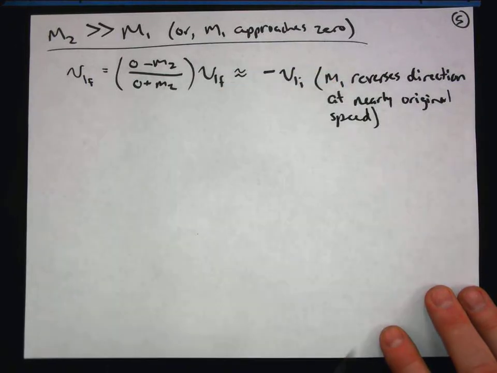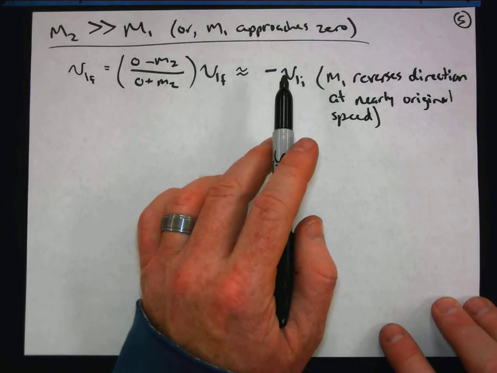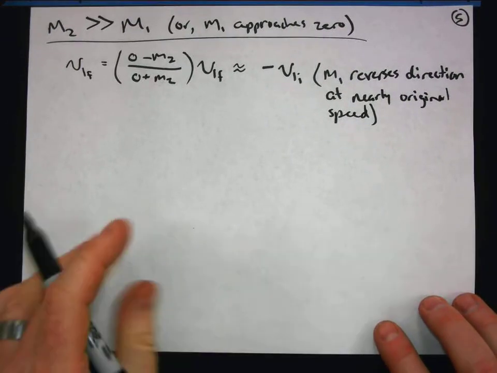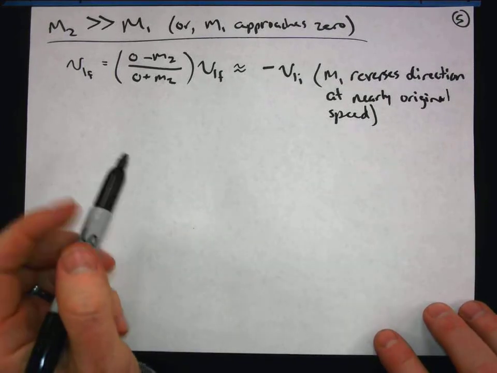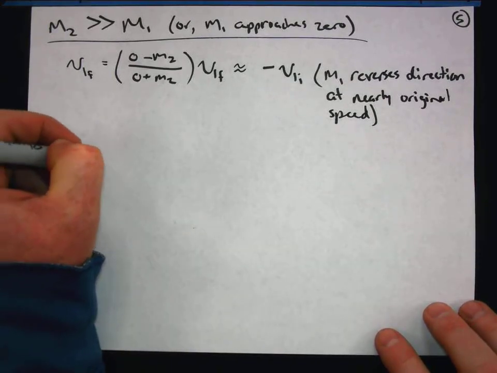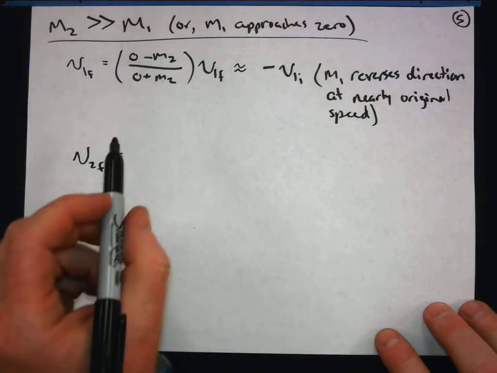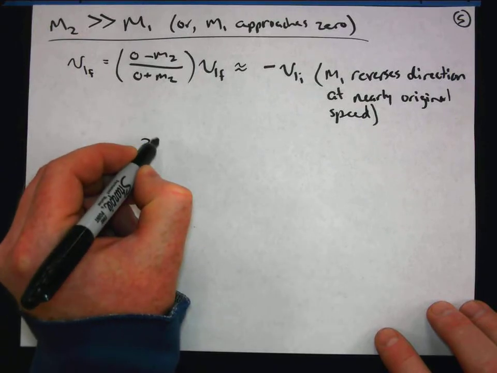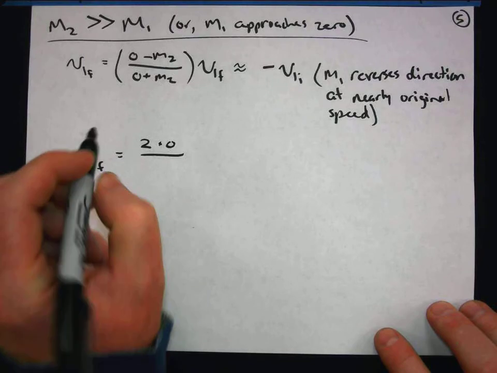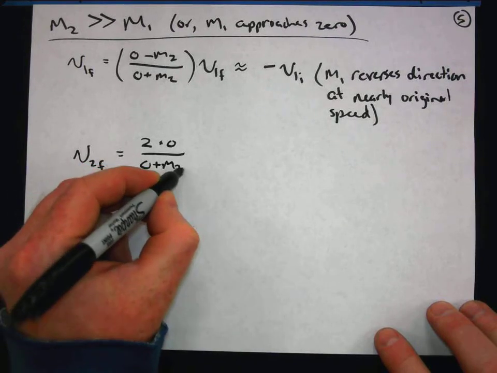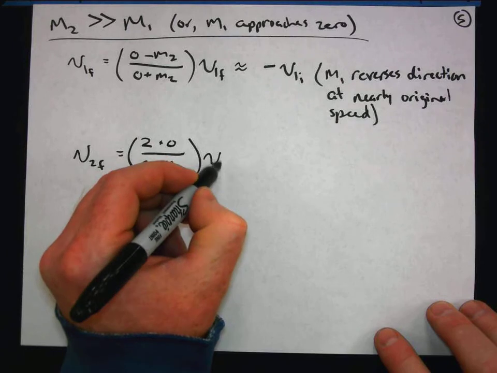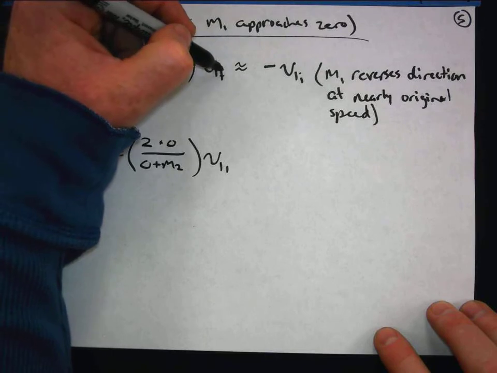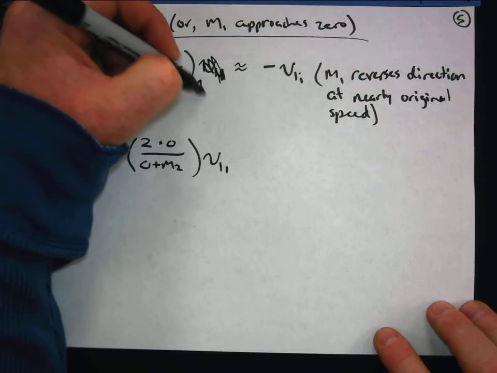So it's quite interesting. It's a rebound, and it's traveling backward now at a speed that is nearly equal to the speed it had initially. Now we're going to evaluate for object 2. And again, where there's an M1, I'm going to put a 0. So 2 times 0 in the numerator, and here's 0 plus M2, multiplied by the initial velocity. Okay, you know what? Just realized I screwed that up. That should be initial velocity. Sorry.